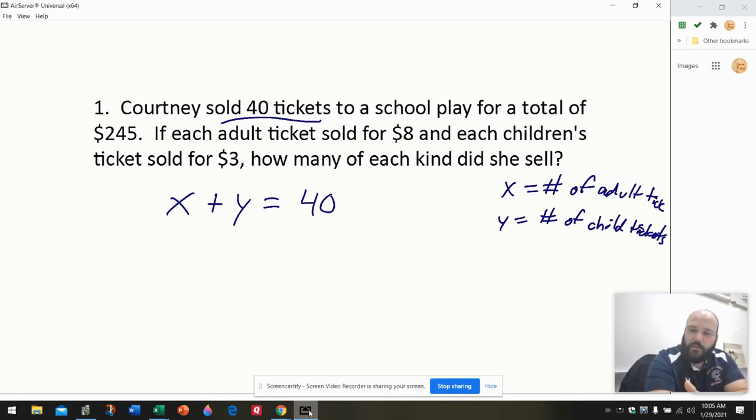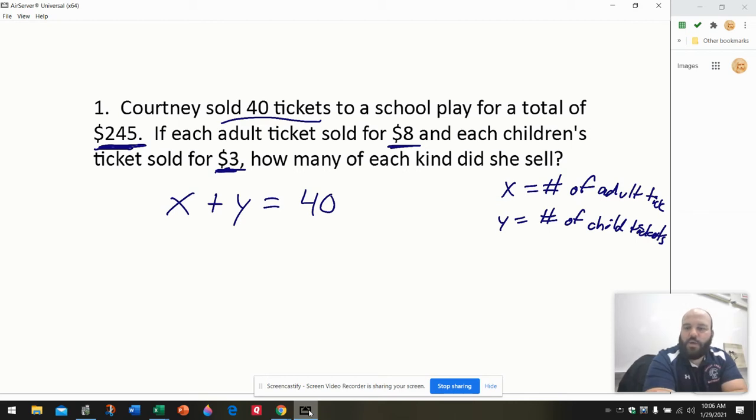Now, the second equation is going to come from the rest of the information that's left. It said that the adult tickets were $8 each, and the children's tickets were $3 each, and she made a total of $245.